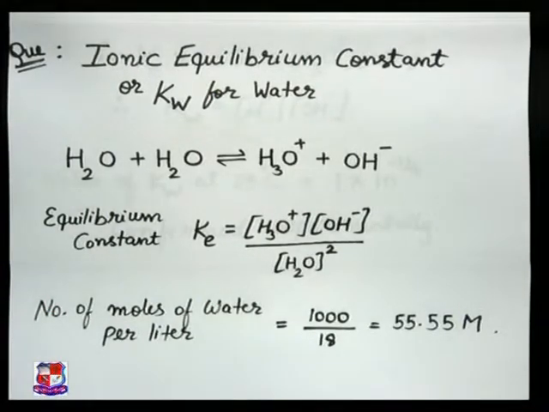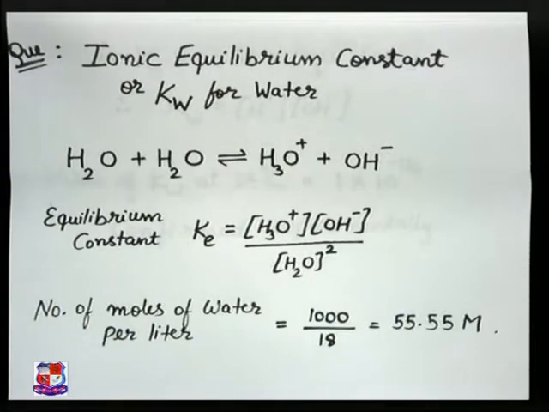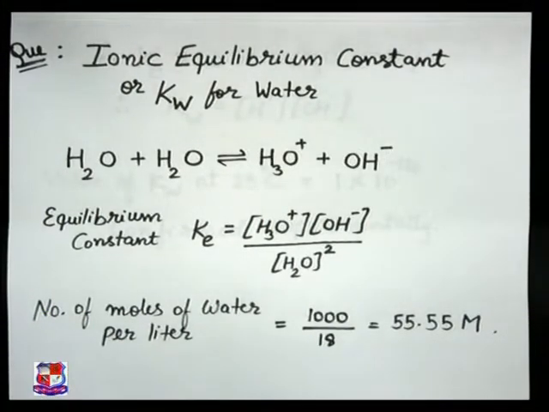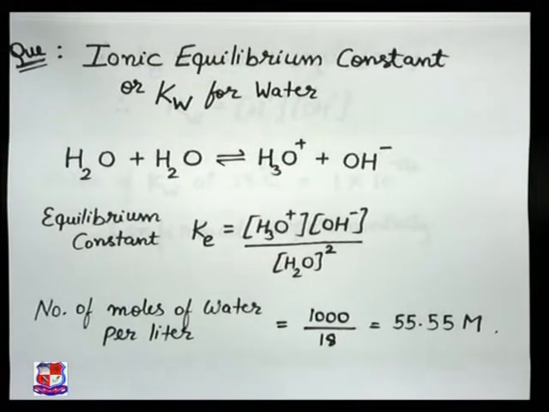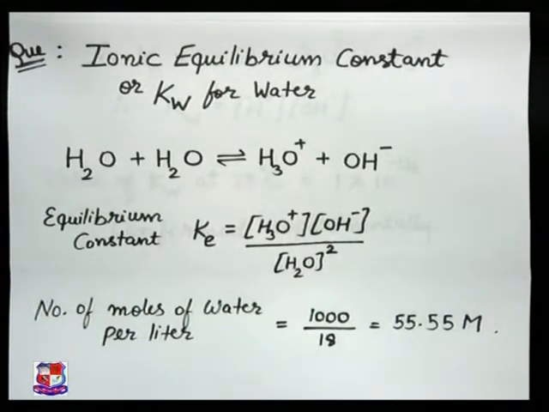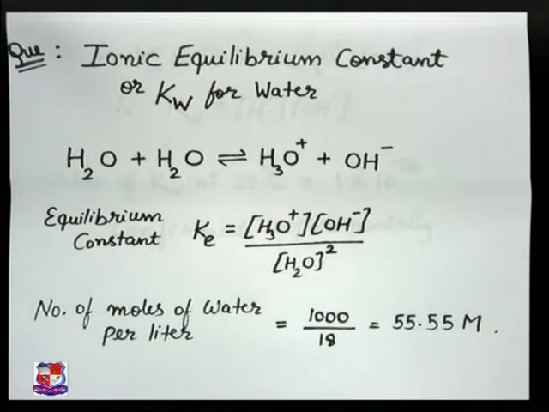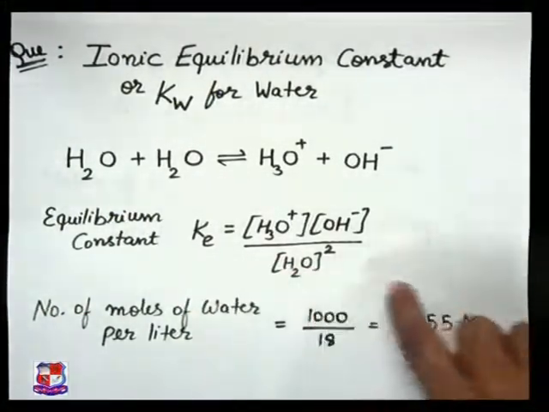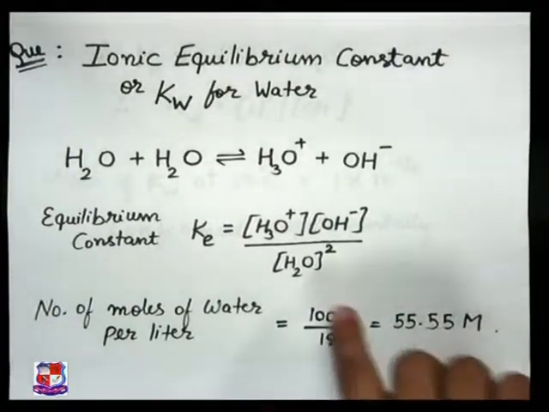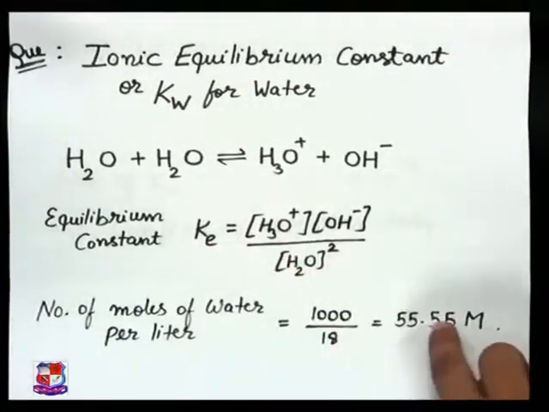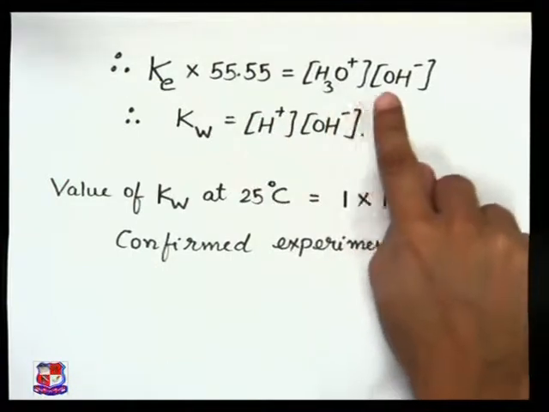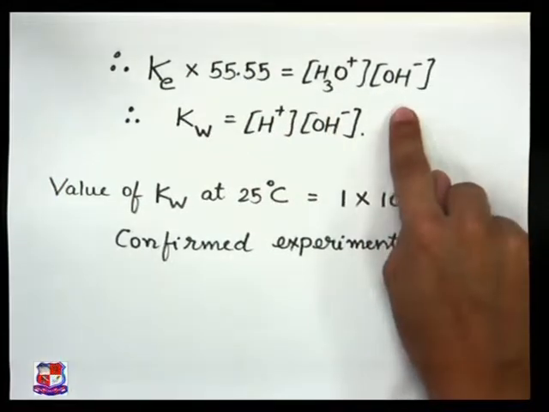is water. Okay, and the number of moles of water per liter is equal to 1000 divided by 18, where 18 is the molecular weight of water. We have calculated that this turns out to be 55.5. Cross multiplying, we can write Kc into 55.5 equal to H3O plus into OH minus.